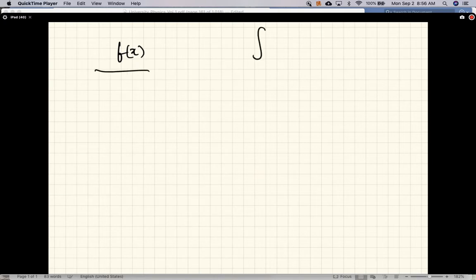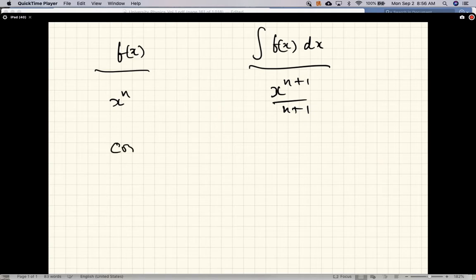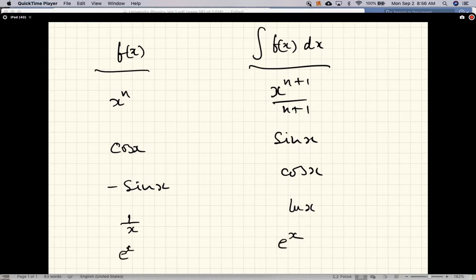If you have x to the n, the integral will work out to be x to the power n plus 1 over n plus 1. The integral of cosine x is sine x. The integral of minus sine x is cosine x, and so on. The integral of 1 over x is log x. e to the power x is e to the power x. All right.